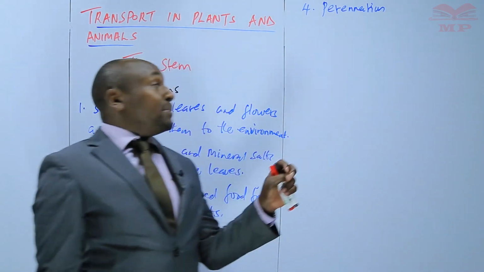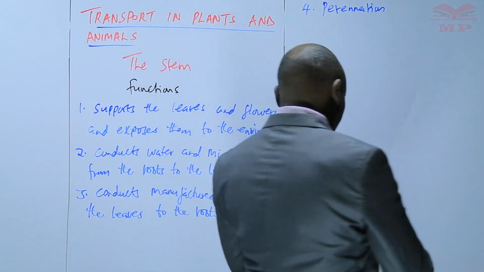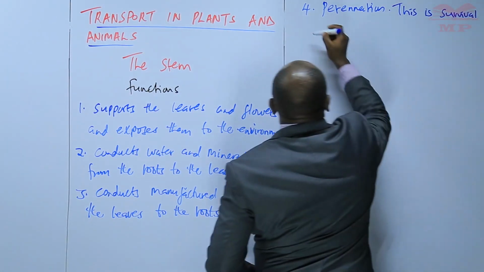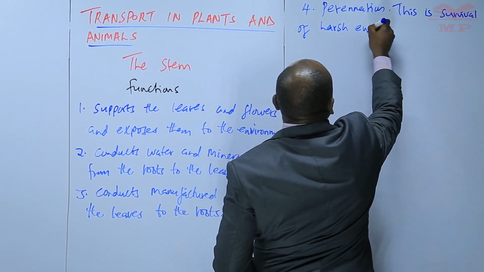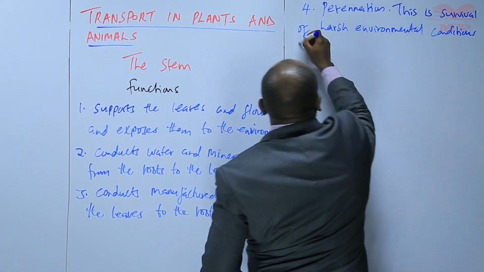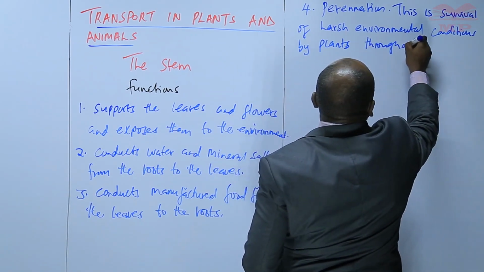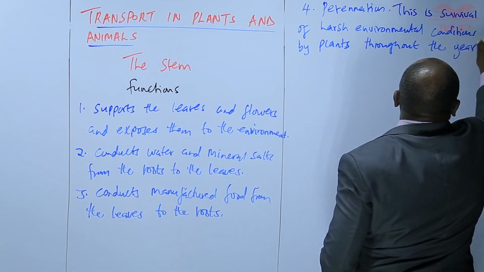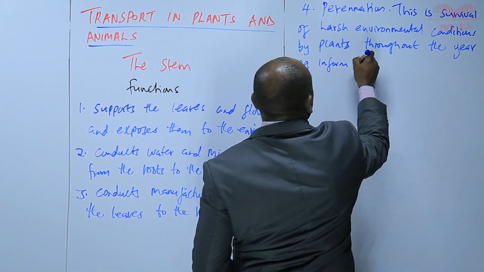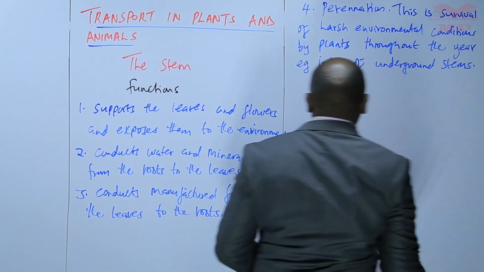That ability to survive the harsh environmental conditions throughout the year is what we refer to as perennation, in form of underground stems, for instance.